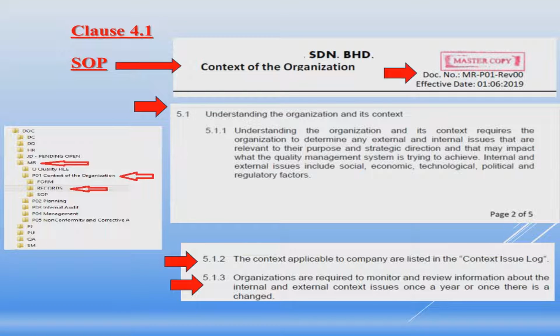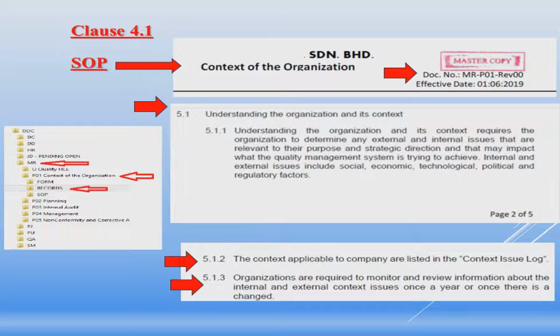You cari di folder MR, folder MR, P01, procedure number 1, context of the organization. Then under folder SOP, di mana kamu tengok document number MR-P01, division. Jadi di sana you boleh buat ulang kaji, memahami apakah organization and its context.